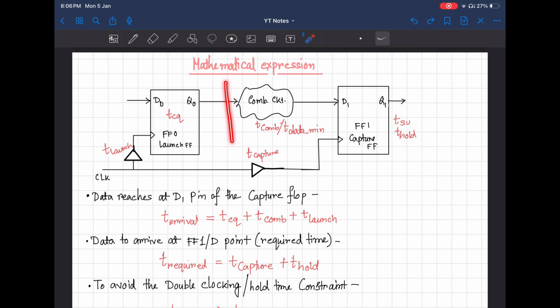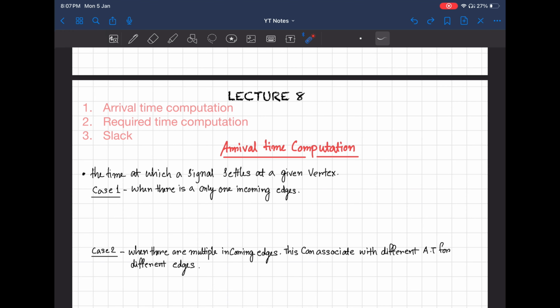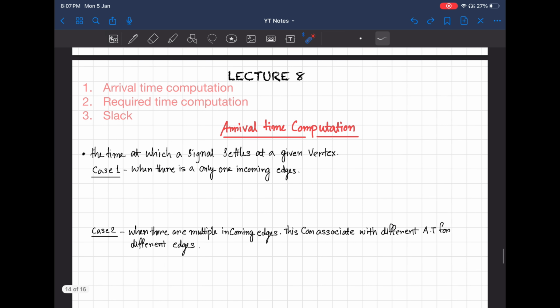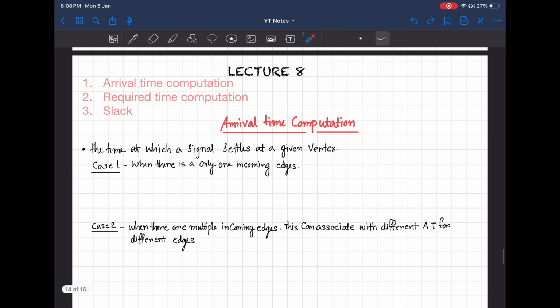Now I want to talk mostly about the combinational circuit part. Let's go for the arrival time computation. There can be three types of scenario. One of the very basic scenarios is when there is only one incoming edge.